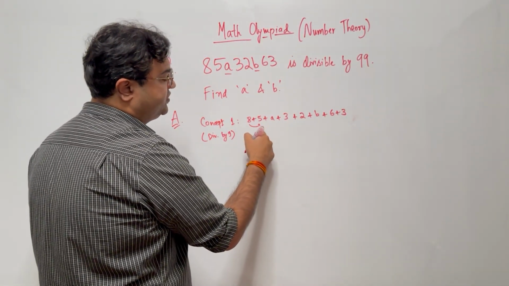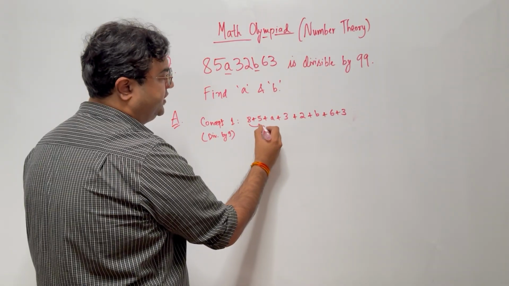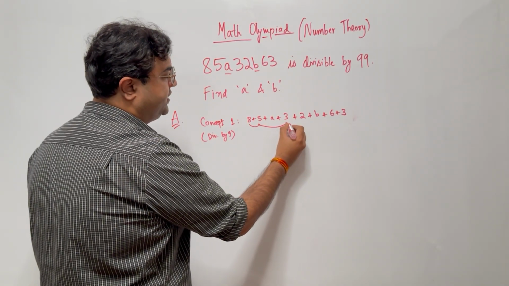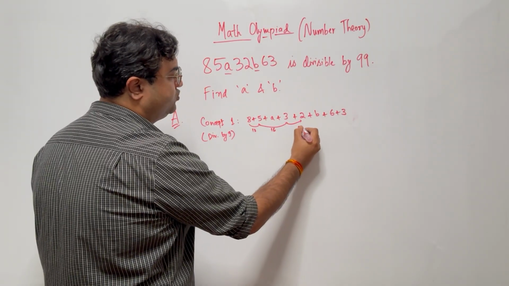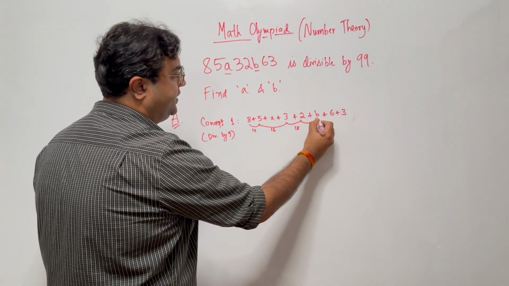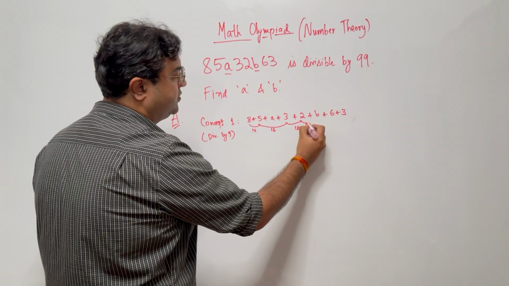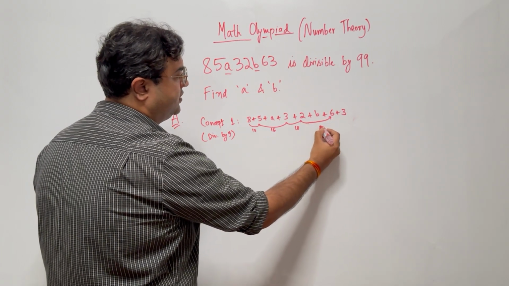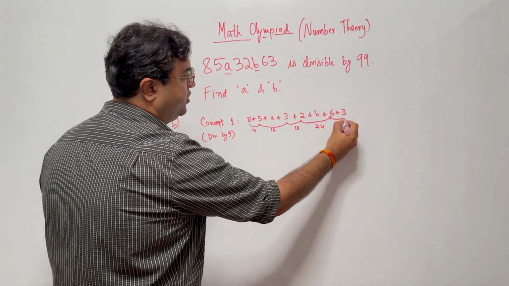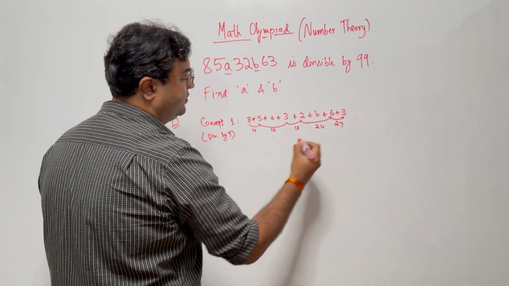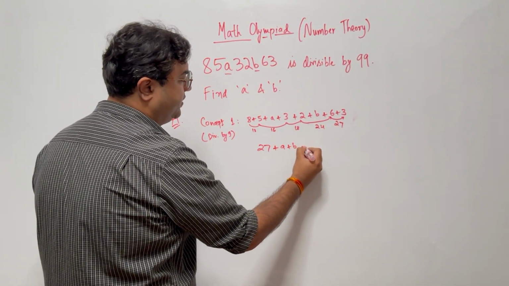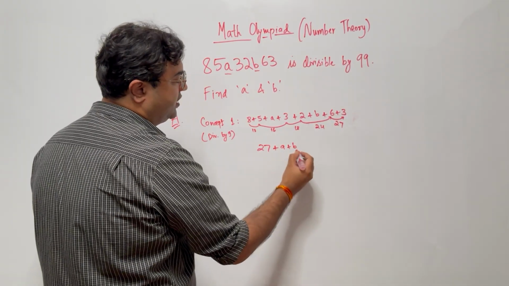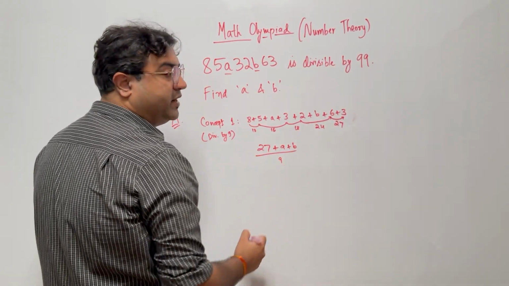So 8 plus 5 is 13, 13 plus 3, 16, 16 plus 2, 18, 18 plus 6, 24, 24 plus 3, 27. So this is 27 plus A plus B, and this has to be divisible by 9.